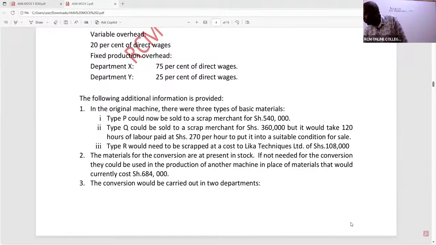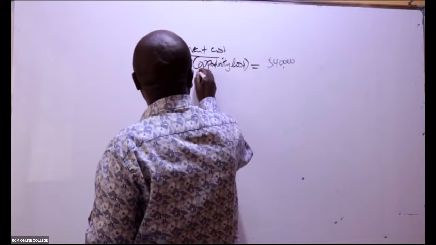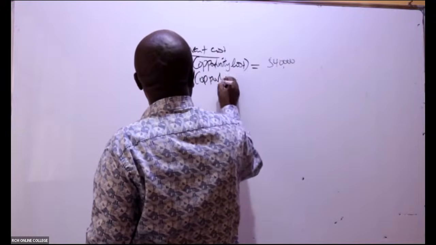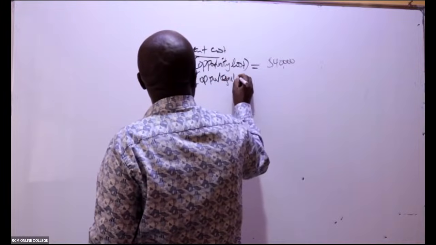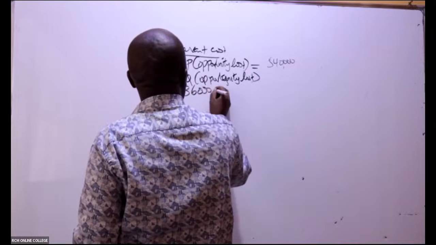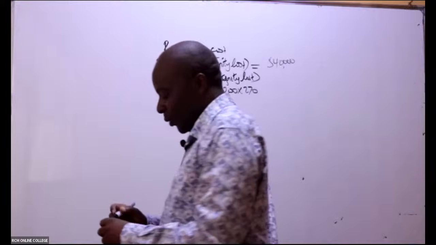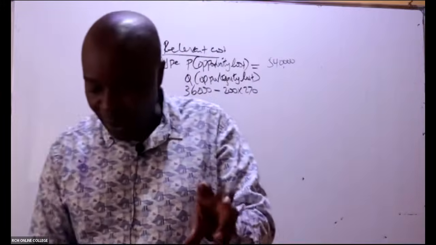The net benefit here, which is the opportunity that I'll be losing, will be that 360,000. So that is type Q. I see an opportunity lost, which will be 360,000 minus, is it 200 times 270? Yeah, because I can see myself incurring some expenditure there.